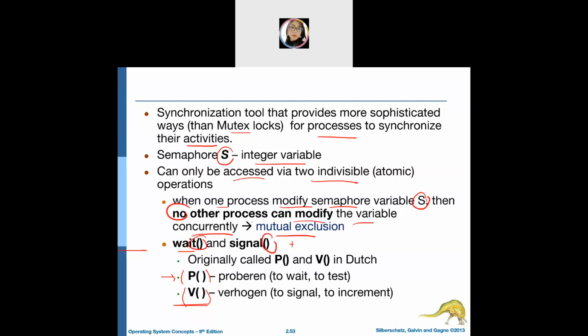Originally, these were called P and V in Dijkstra's algorithm. P, from proberen, is similar to wait or test, and V, from verhogen, is to signal or increment.